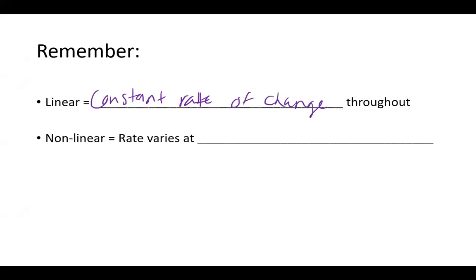All right, nonlinear rates vary as your intervals change. They vary at intervals. So your rates may not be the same, right?